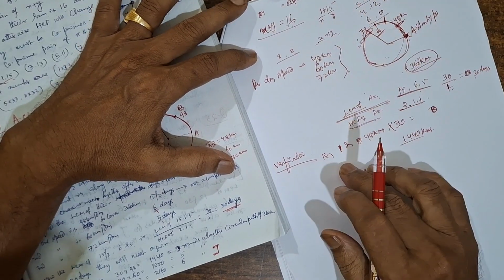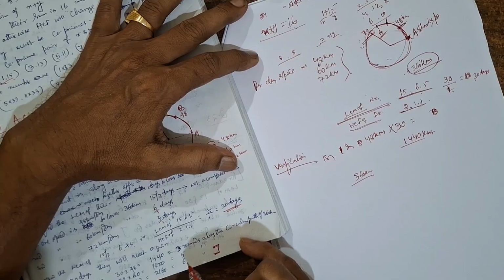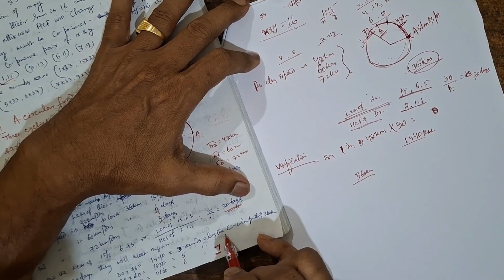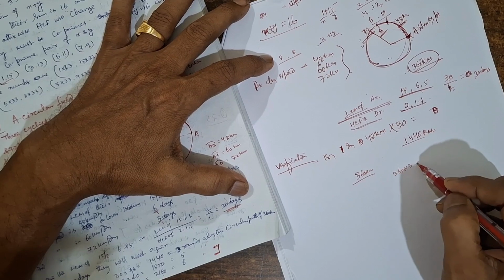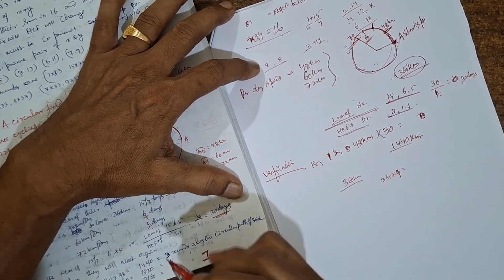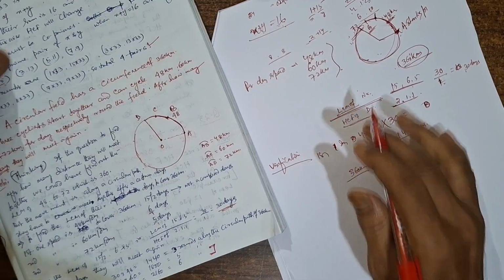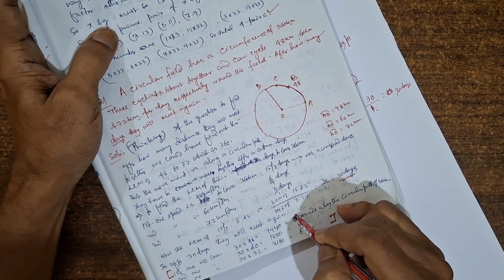One round 360, second round 720, third round this. How many rounds? 360 into 4 is 1440, so it is 4 rounds, not 3.